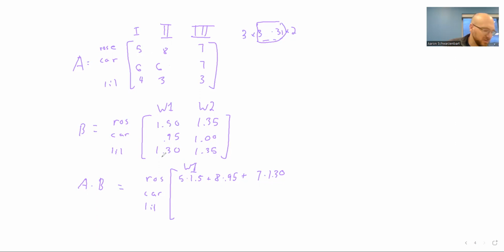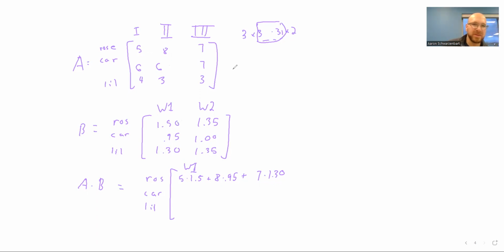Row 1 times column 1. Why am I multiplying the number of roses times the price of a rose? So, therefore, we switch rows and columns of A to get the flowers.